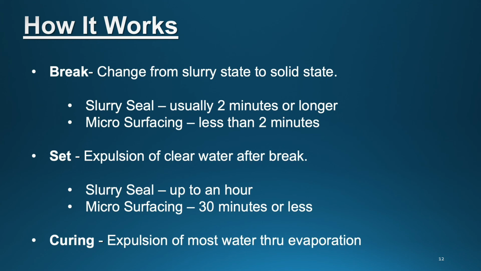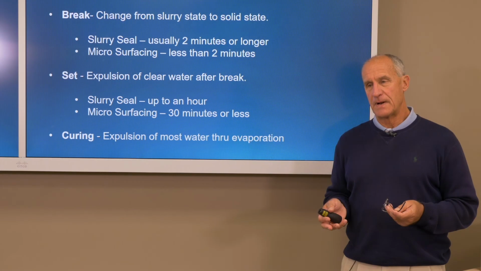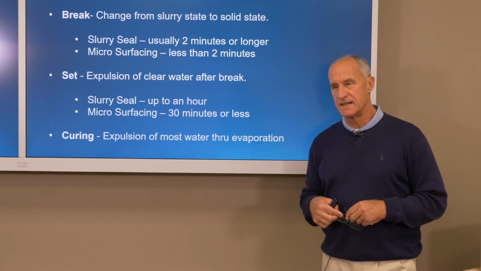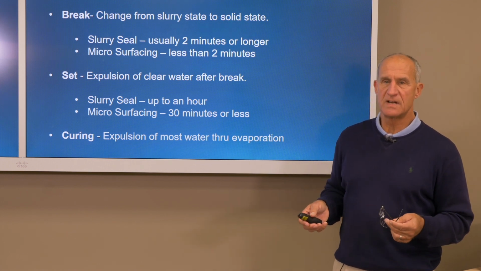Just quickly to bring you up to speed on some of the vocabulary that might be used here: when we talk about an emulsion or a mixture beginning to break, that is the point where that wet slurry seal or that wet microsurfacing on the road surface begins to change from a slurry state to a solid state. It will probably evidence itself most likely with a change in color.